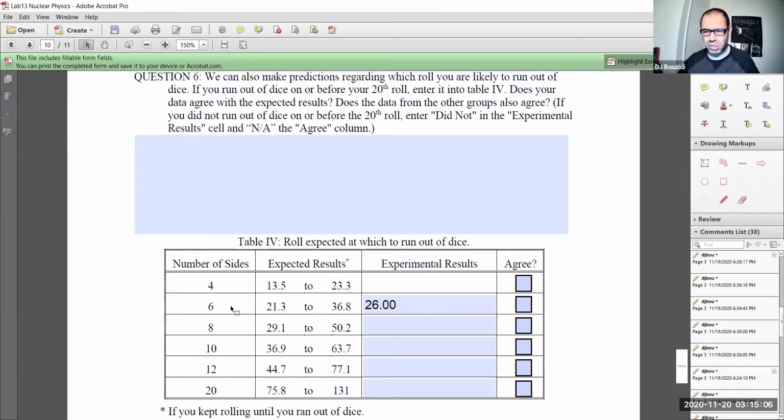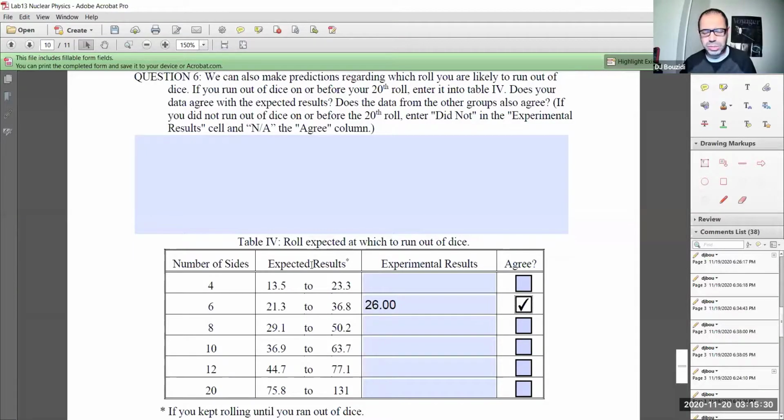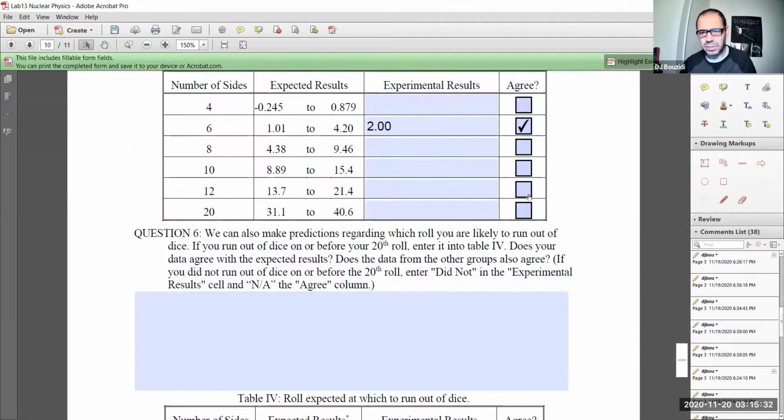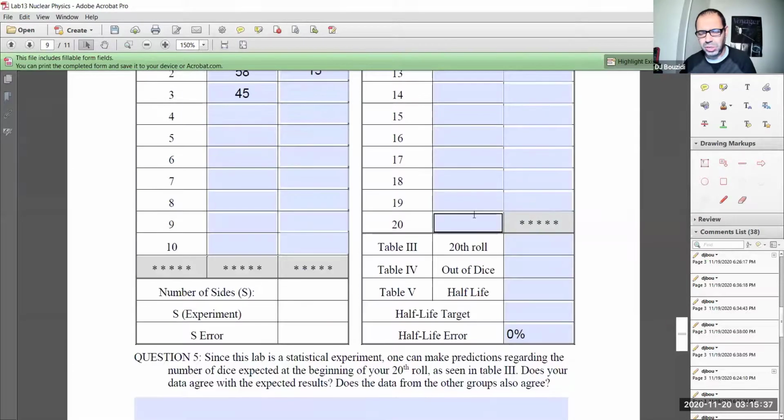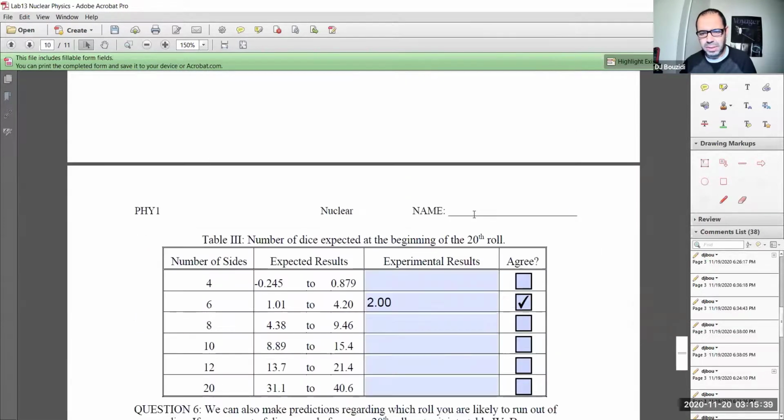It says if you run it 21 times up to 37 times, you will run out of dice. And I ran it 26. Am I between that margin or not? Okay, I need to check that, then it works in this case. And you do the same thing for the 4, by the way. It's a good idea while you're doing this to continue until you run out of dice.